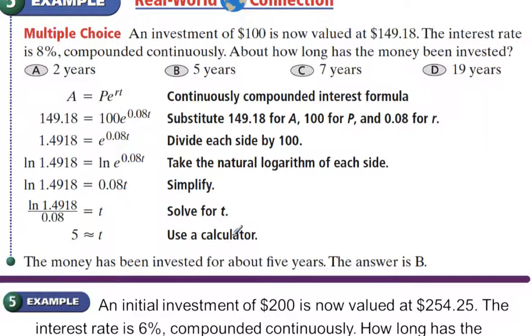Okay, a few things here that we need to note with respect to this formula. A is the amount of money that's in the bank. This is only for continuously compounded interest, so this is the continuously compounded interest formula. The P is the principal, what you put into the bank to begin with. e is just e. r is the rate per year.